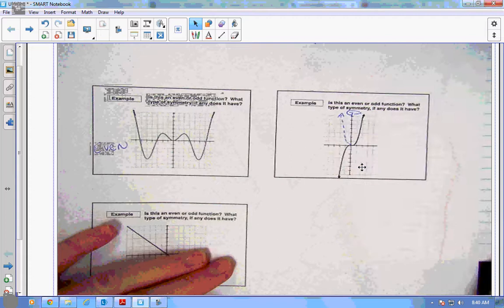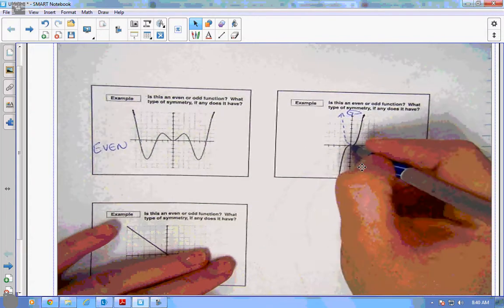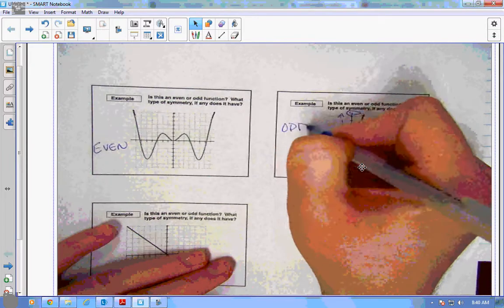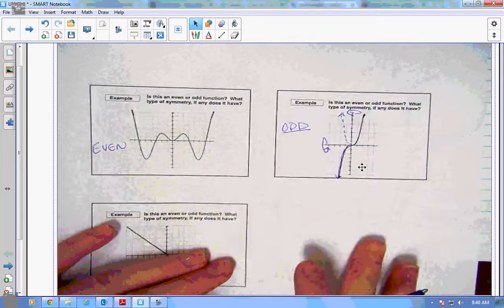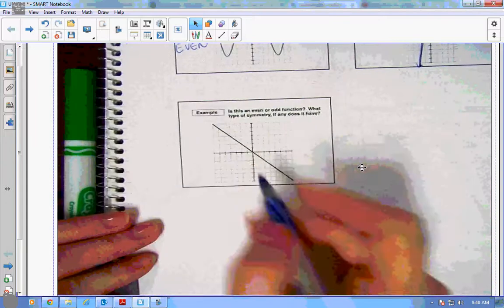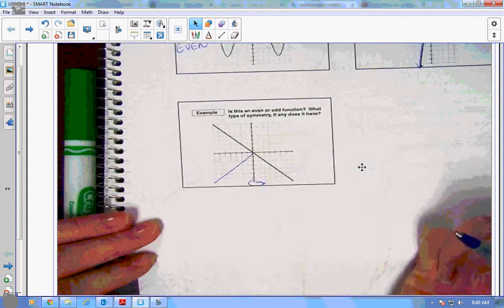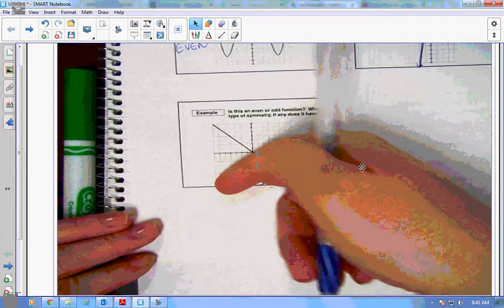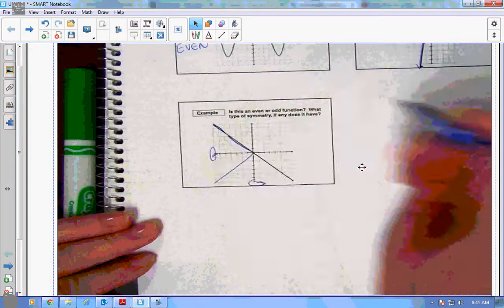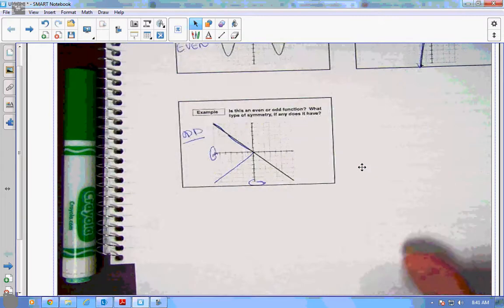When I fold the right side over, and then when I fold it down one more time, it matches itself here when I fold it around the x-axis. So 2 folds, remember, is odd. This example, when I fold the right side over around the y-axis, I get it here. And then when I fold around the x-axis, it's going to match itself. So that's another example of odd. So you can just verify looking at graphs as well.